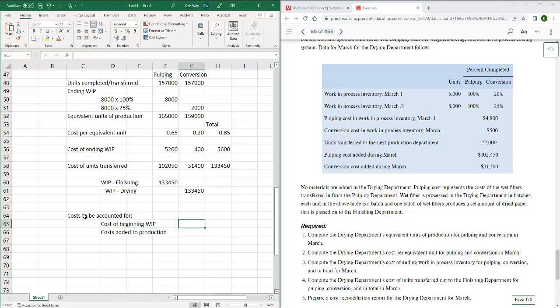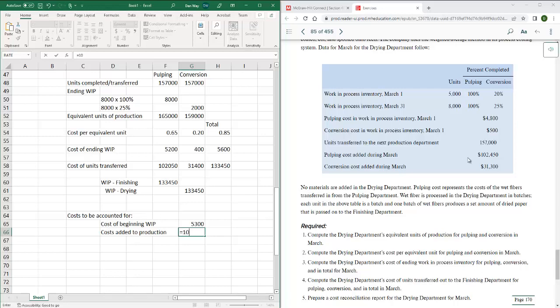So let's talk about what belongs where here. Cost of beginning work in process, typically we'll condense this to one line across our two cost categories. So what I'm saying is we had pulping cost in beginning work in process of $4,800, and we had conversion cost in beginning work in process of $500. So I'll just add them together. Total cost of beginning work in process $5,300. Same idea for cost added to production.